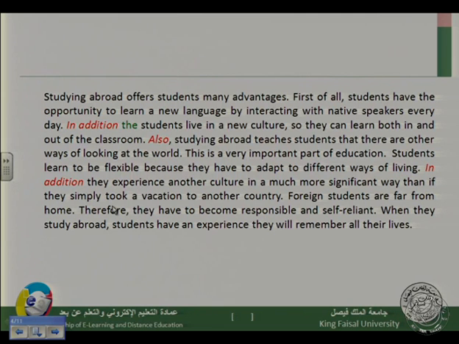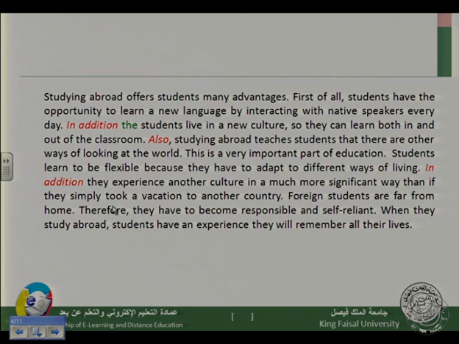First of all, students have the opportunity to learn a new language by interacting with native speakers every day. In addition, the students live in a new culture, so they can learn both in and out of the classroom.